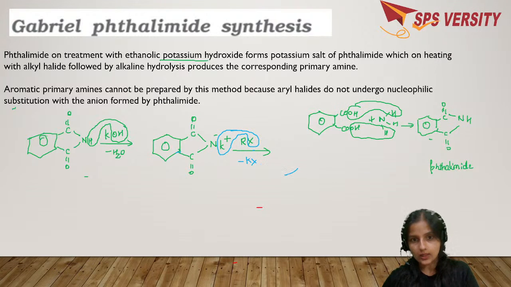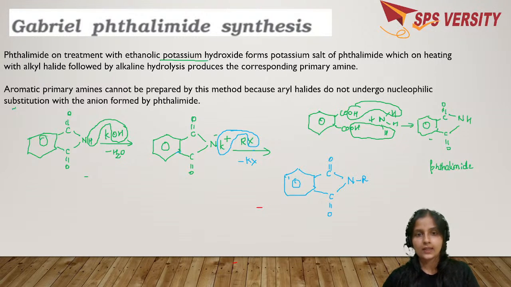I'm writing it over here, the benzene ring. Sorry, my benzene ring is a bit awkward. C double bond O and N, to which the alkyl group is attached. Alkyl substituted phthalimide.